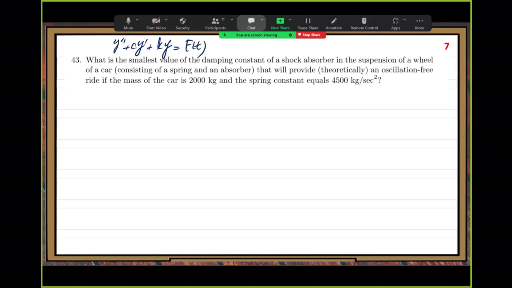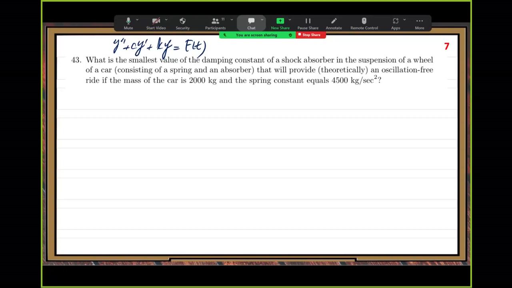This model. For the smallest damping constant C, C is above 0, non-zero.